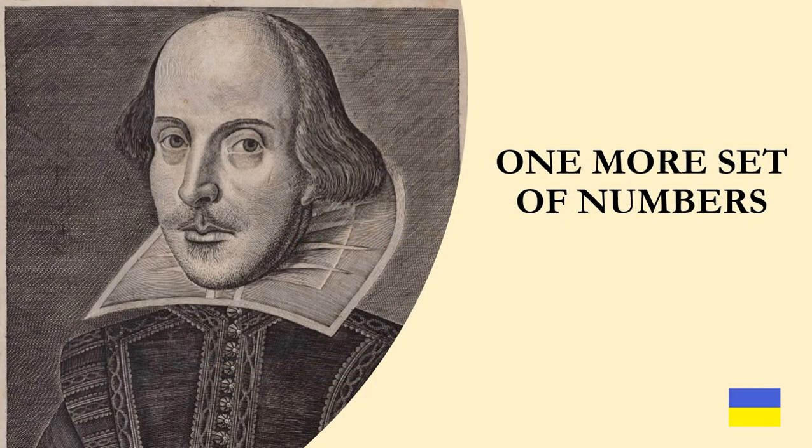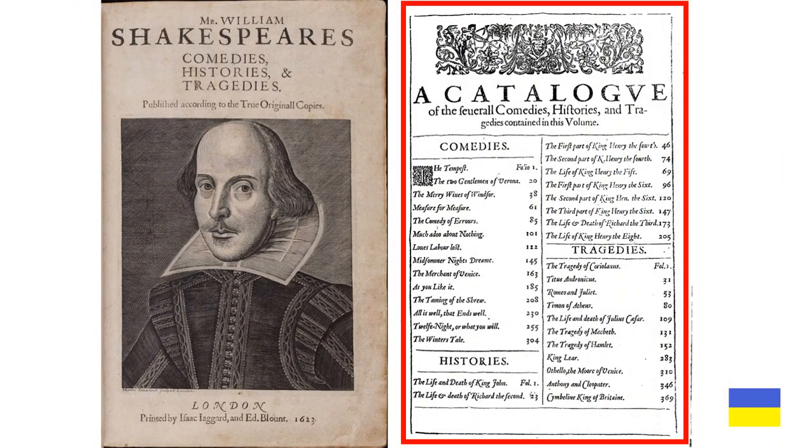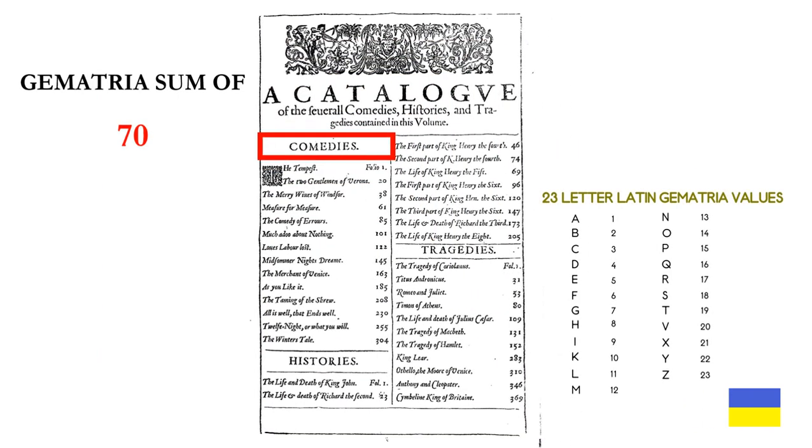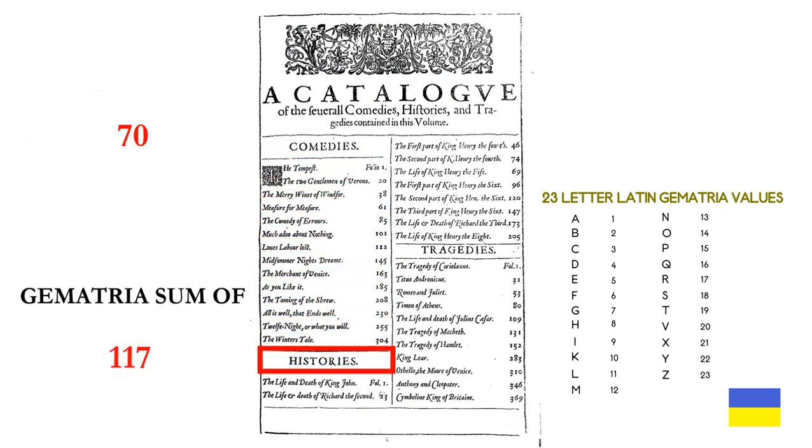I'm going to present one more set of numbers. We take the gematria sum of the word comedies, which is 70. And we get the gematria sum for histories, which is 117.